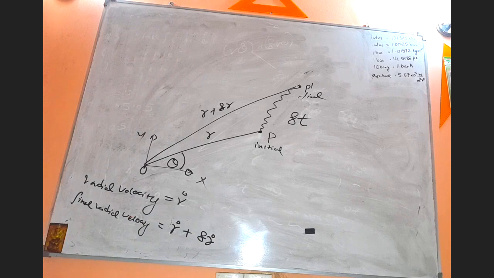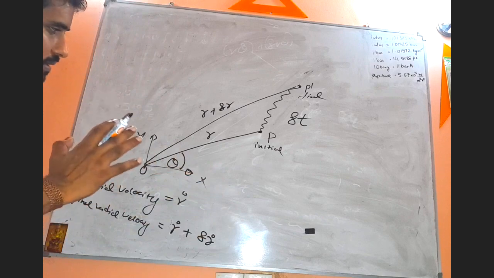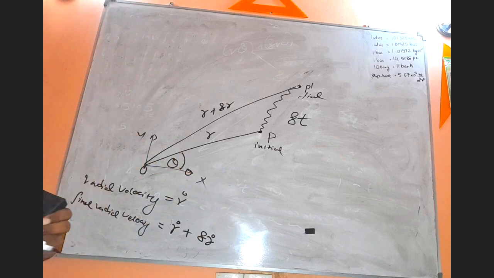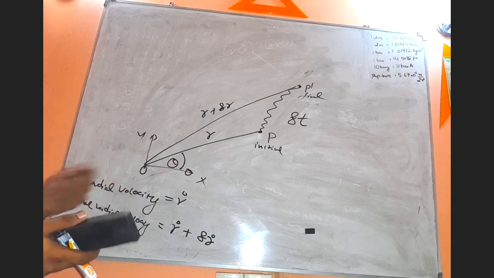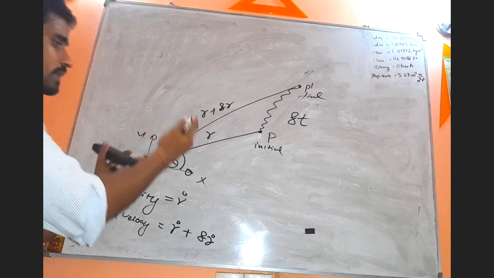Now what is the initial tangential velocity? Tangential velocity is the velocity in a direction perpendicular to that radius.